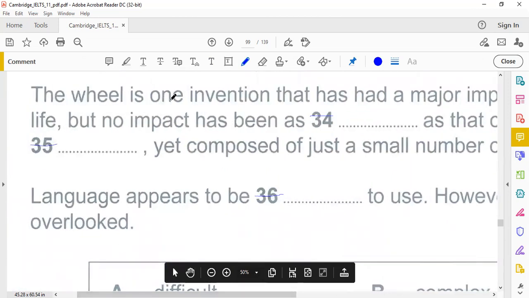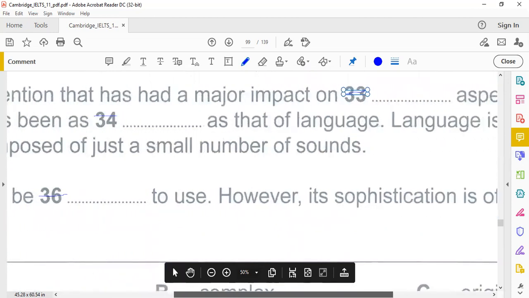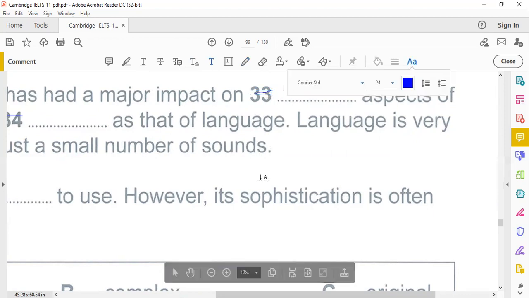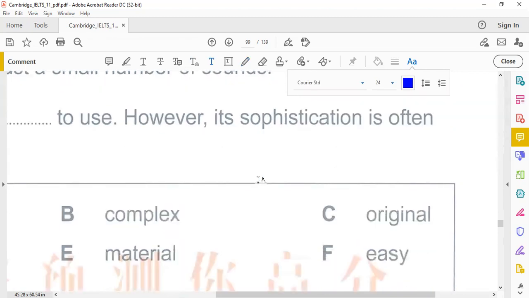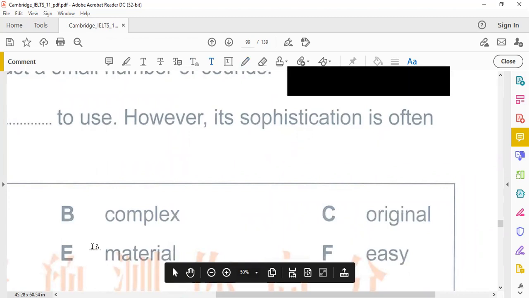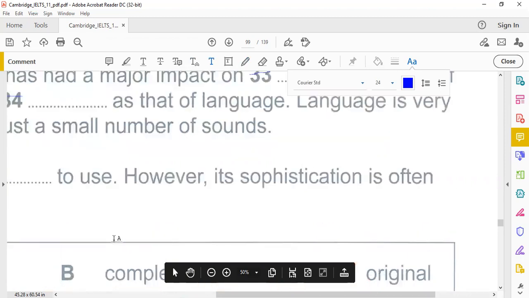And the wheel is one invention that has had a major impact on dash, on what? On material, okay? So 33 here, material.